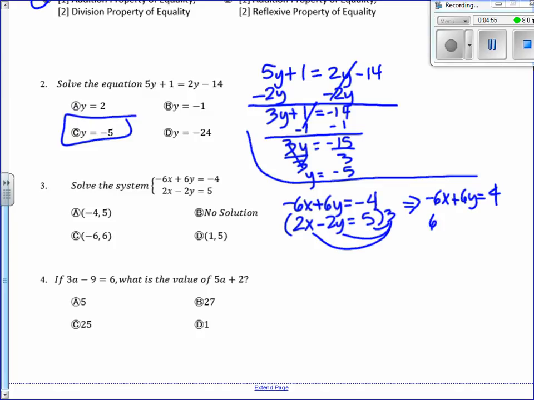So we get 6x minus 6y equals 15. And something really interesting happens here. The x's cancel out, the y's cancel out, leaving me with 0 on the left and 19 on the right. This does not make any sense. 0 does not equal 19. That means there's no solution. No solution. Number 4.